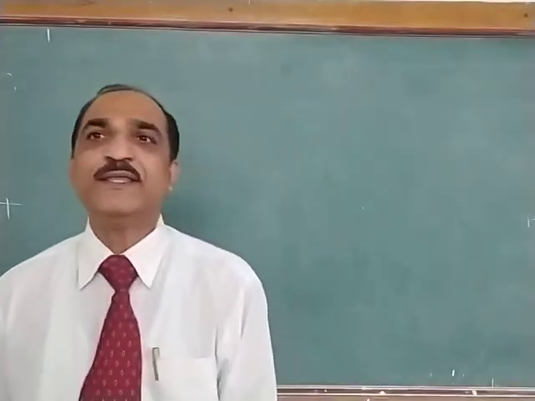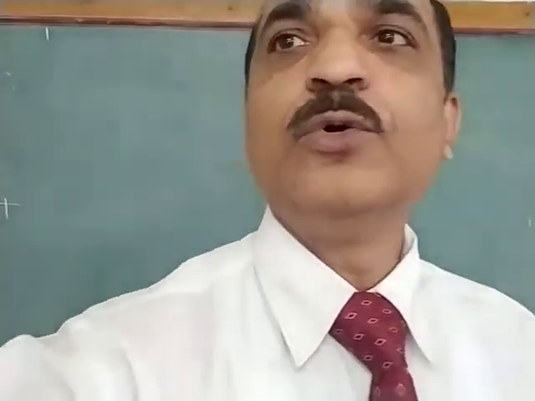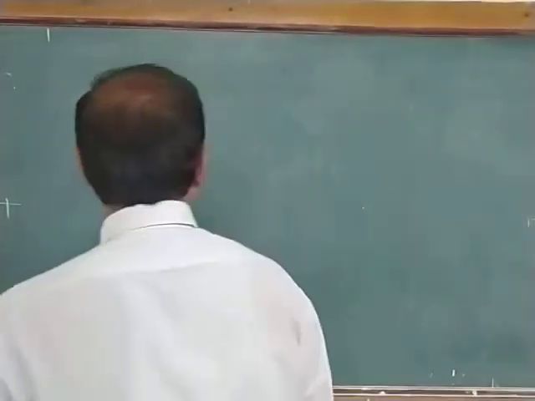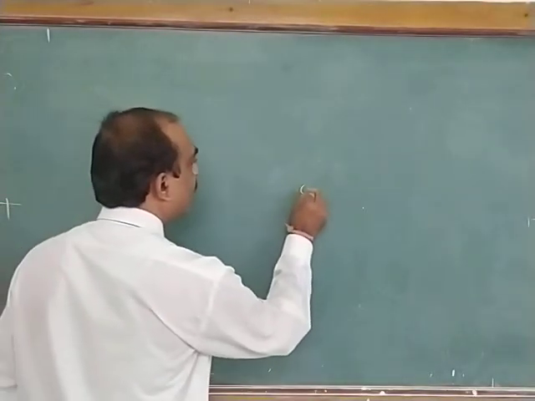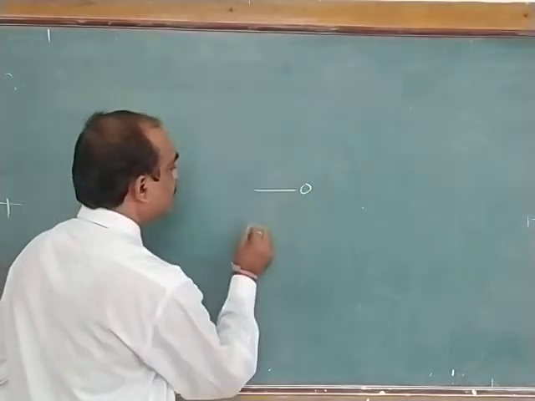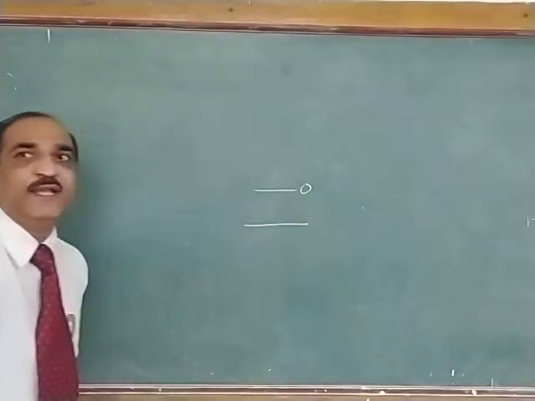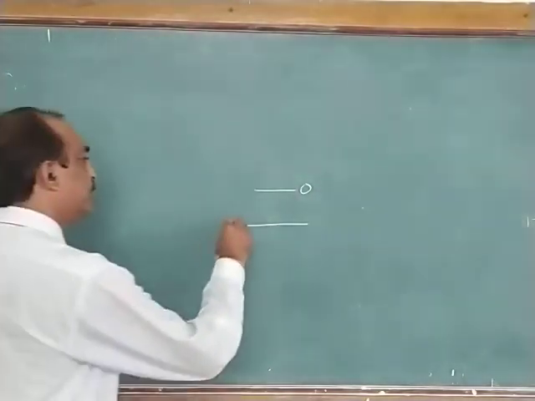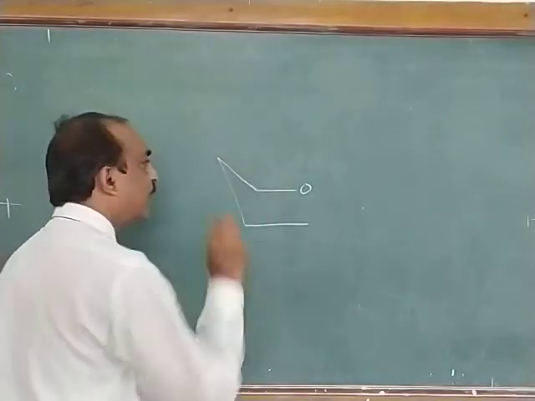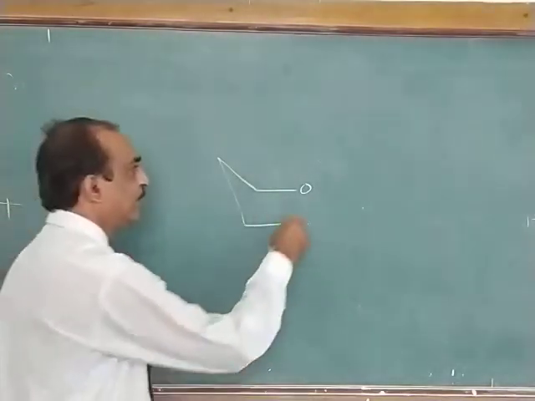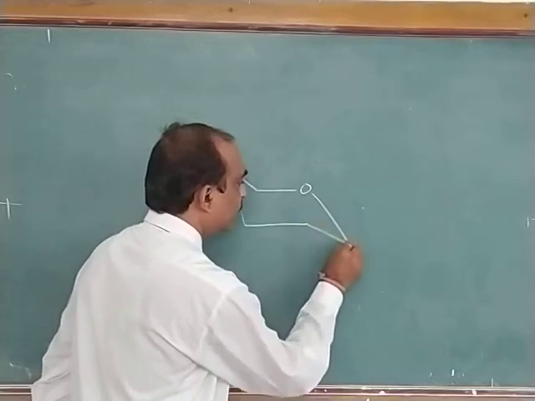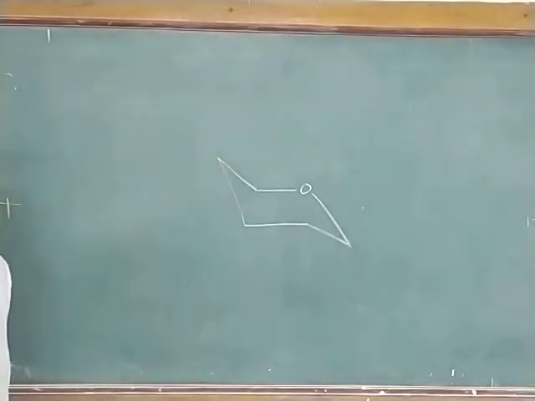While drawing the chair form, we must know this oxygen is always on this side. This is the simplest way I am telling to draw the structure. Okay, got it? Then this is the chair.